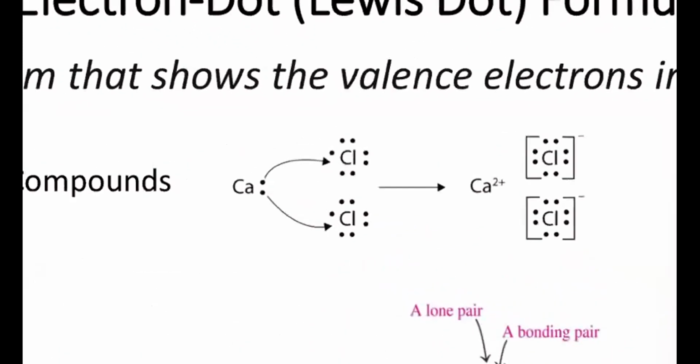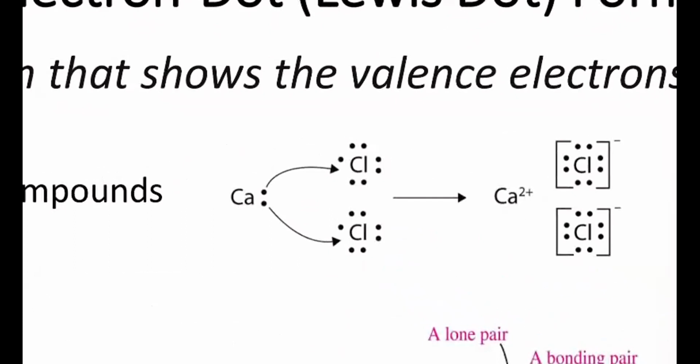So you can see here for the illustration of the compound calcium chloride, which is CaCl2, that we can see specifically how the 2 valence electrons in the calcium are going to the chlorine, but as you can see, each chlorine only needs 1 valence electron, and by using an arrow, we can illustrate where the electron comes from and where it's going.